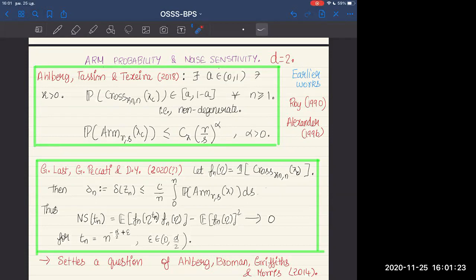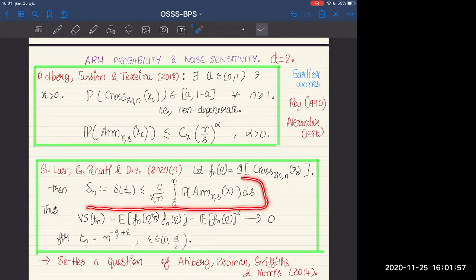And what we show now, given our main theorem, is that all we needed to do was to come up with a stopping set. I'm not telling you the stopping set, I'm telling you the revealment probability delta n. The revealment probability delta n is bounded above by the arm probability integrated from 0 to n, constant by n. I missed some constant. If you want, you can put a kappa here, more explicit.